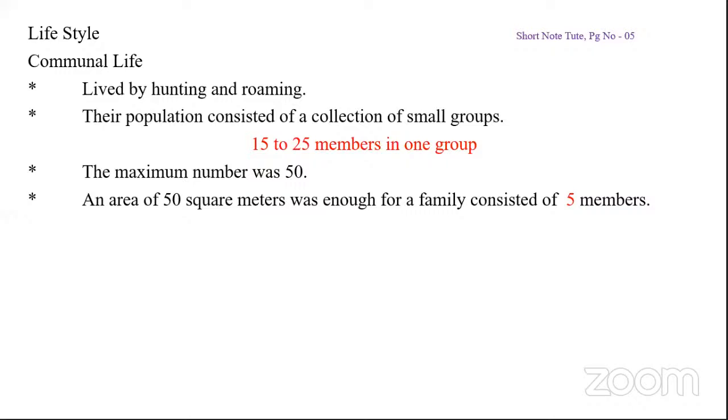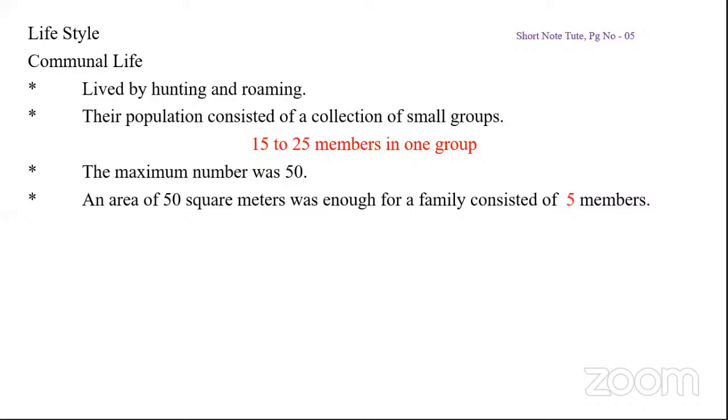Their population consisted of small groups. Why small groups? Because of the problem of food. If there's a large group, a huge amount of food is needed, but as they were small groups, a small amount of food was needed. Only 15 to 25 members were in one group. The maximum number was 50.